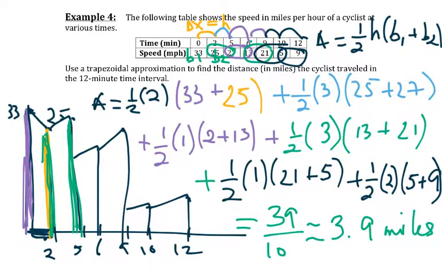Okay, so in order to understand this problem, if it's helpful for you to draw the graph, then we can draw it out. What you need to do is plot the points and then start thinking about which one is the base, which one is the height, which one is base 1, which one is base 2.